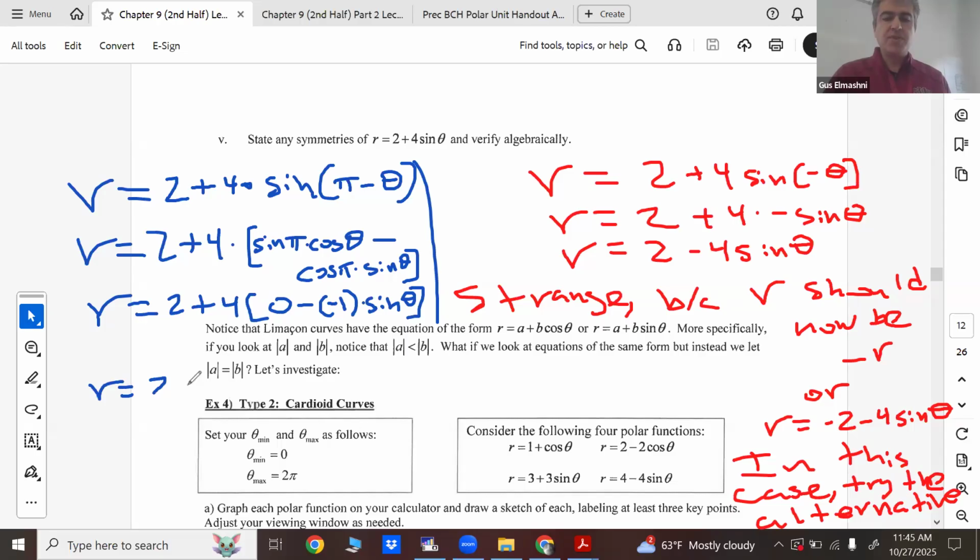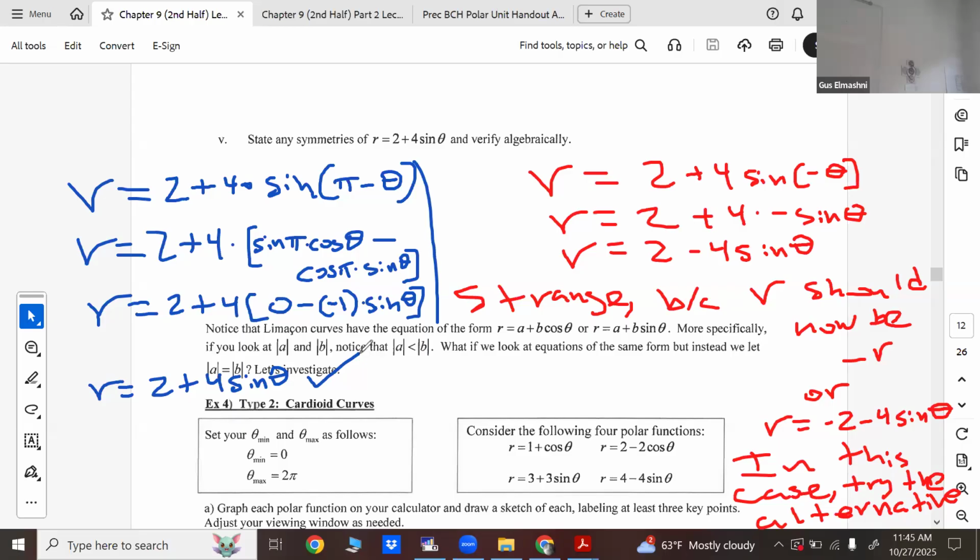So does it stay unchanged? It does. Cosine pi, 0 times cosine theta. Oh, it's 0. Yes, use the circle, guys. Cosine pi is 0.